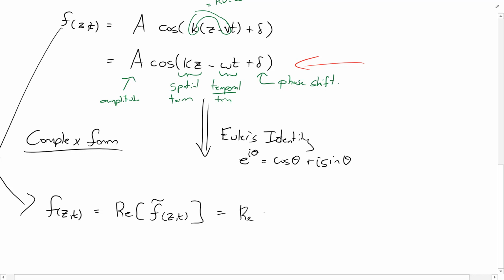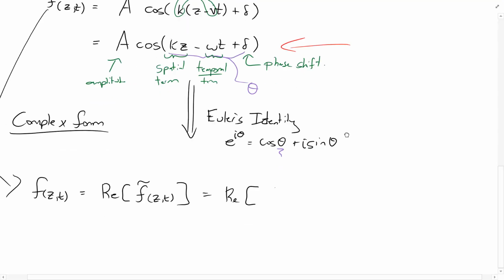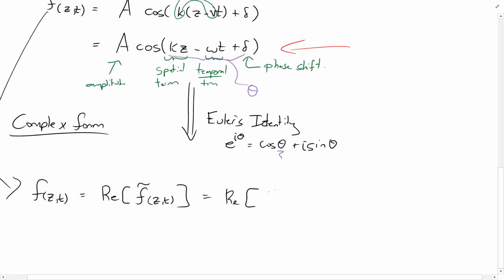What all this looks like is now taking this theta term, and just the same theta there, of course. It can now be written as a complex exponential as such.